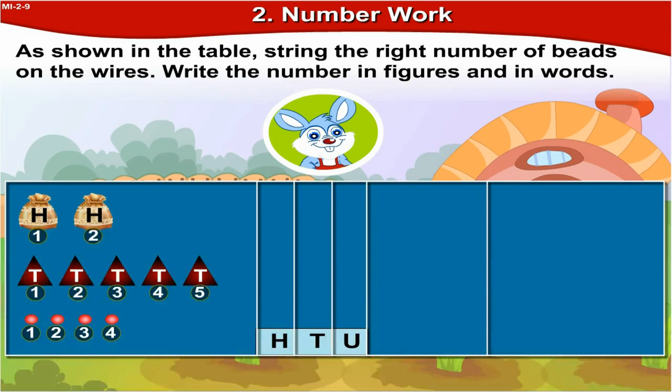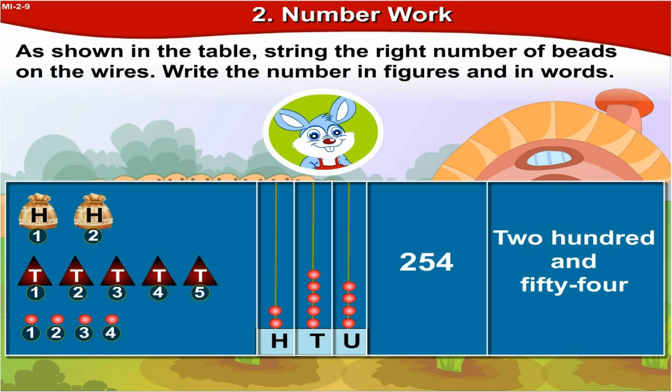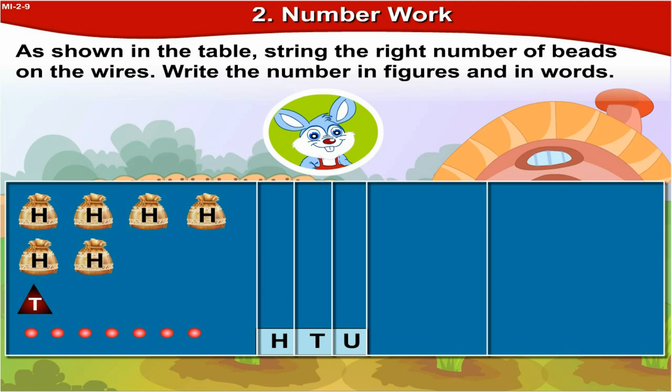So, that is why at the hundreds place we have 2 beads, at tens place we have 5 beads, and at units place we have 4 beads. So 2 hundreds, 5 tens and 4 units. In figure you write it as 254, while in words it is two hundred fifty-four. Now let us see the next picture.